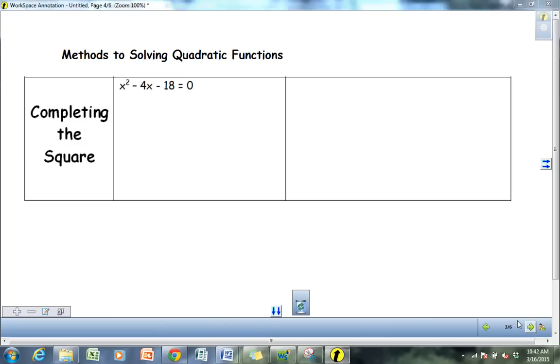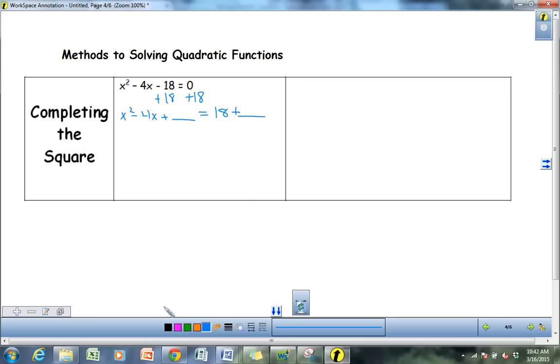Alright, next method we have completing the square. So my first step is to add my constant to the other side. So x squared minus 4x plus, I'm going to leave a space, equals 18 plus, leave a space. Now I need to do b divided by 2 squared.